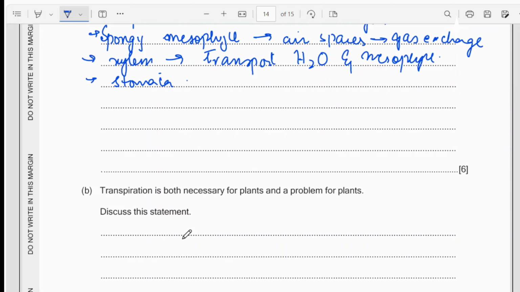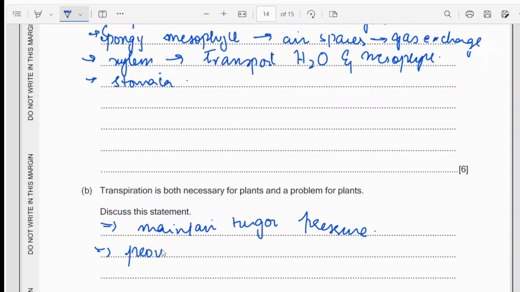Okay, transpiration is both necessary for plants and a problem. Discuss this statement, advantages and disadvantages. Correct, correct. Maintains turgor pressure. Okay, maintains turgor pressure.